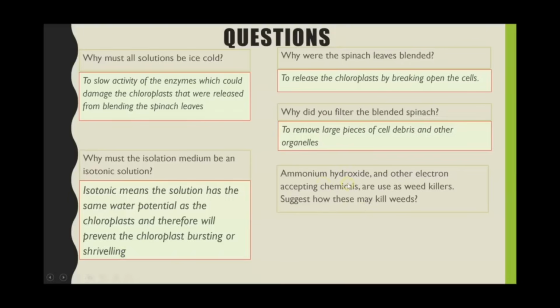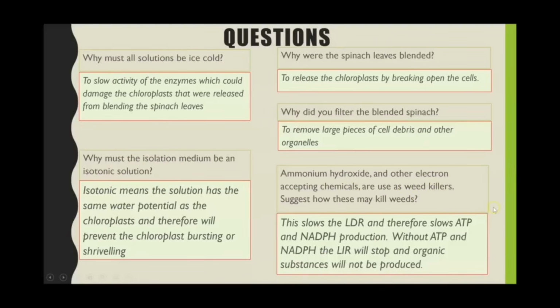And then the last one: ammonium hydroxide and other electron accepting chemicals are used as weed killers, and we have to suggest how they may kill weeds. So we've shown in this required practical that when we added ammonium hydroxide, there wasn't any change in the colour of DCPIP. So therefore we know that the ammonium hydroxide is slowing down or even stopping the light-dependent reaction.